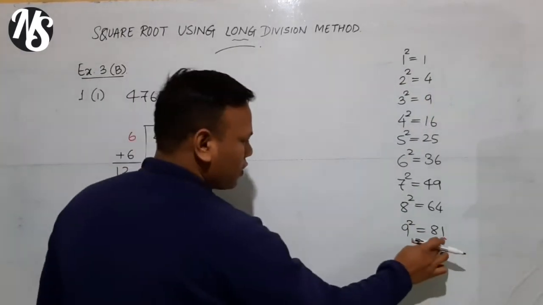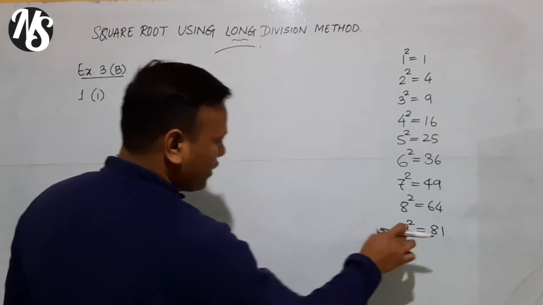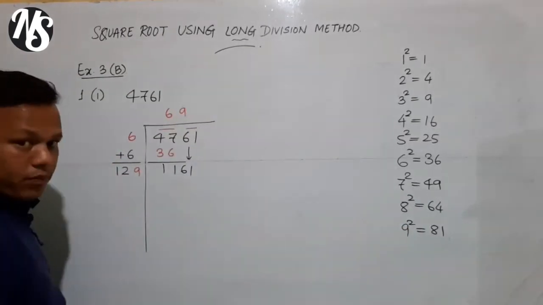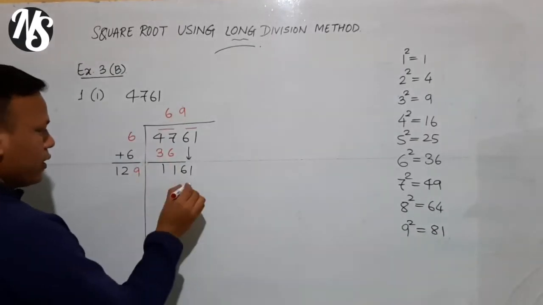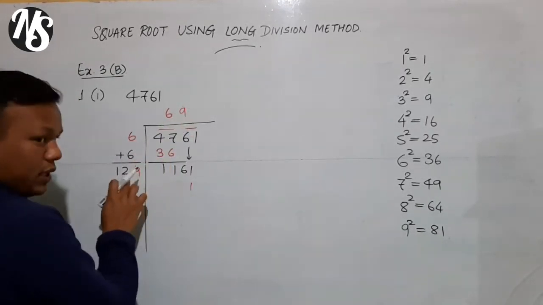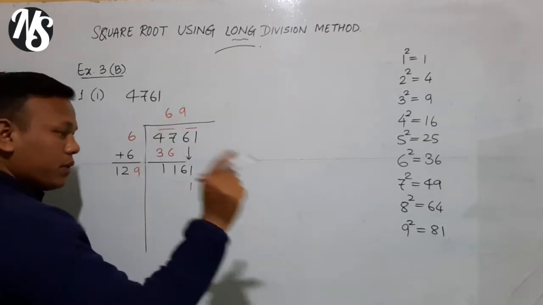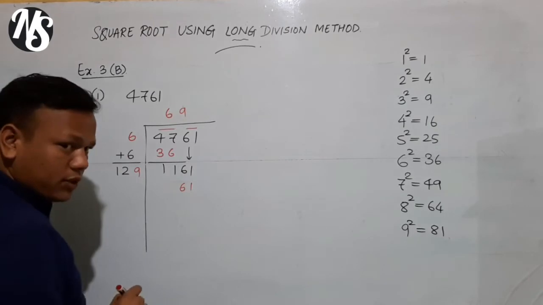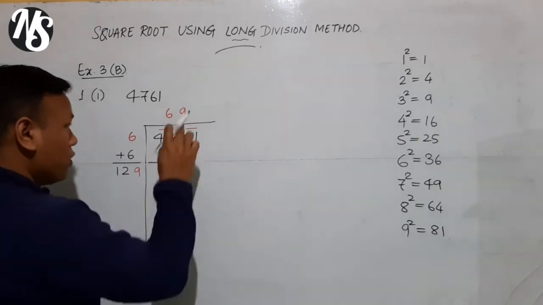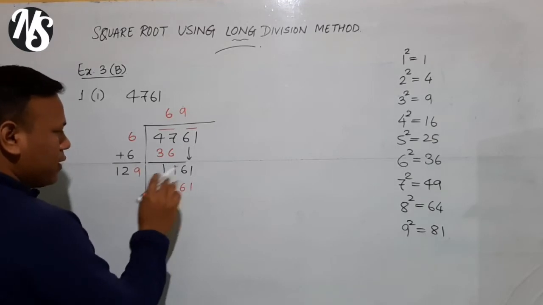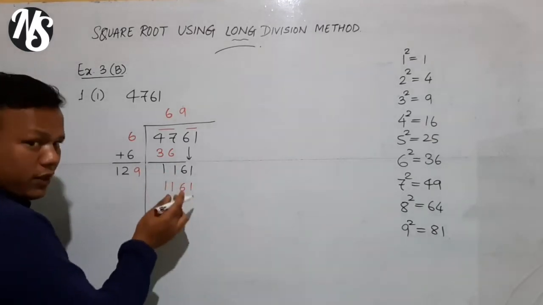So can I use this? Let's try. If I write 9 here, I need to write 9 here. 9 nines are 81, carry over 8. 9 twos are 18, plus the carried 8 is 26. Carry over 2 now. 9 ones are 9, plus 2 is 11. So we got the very same number.